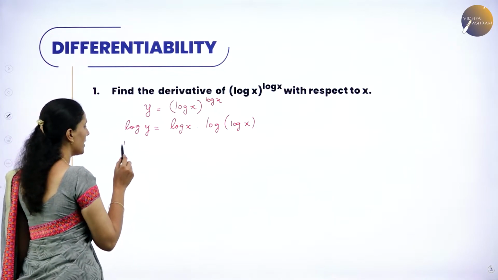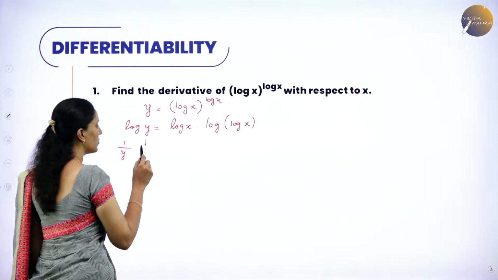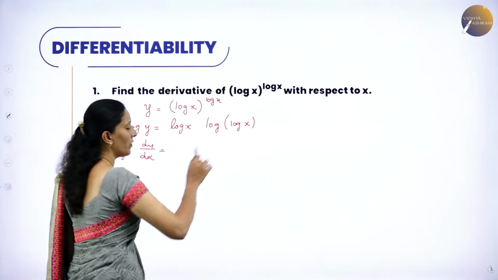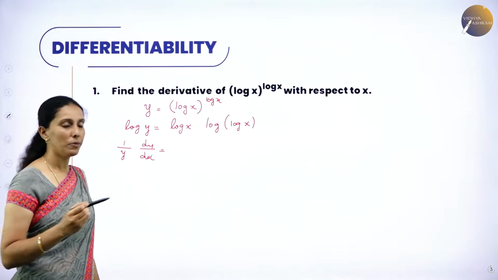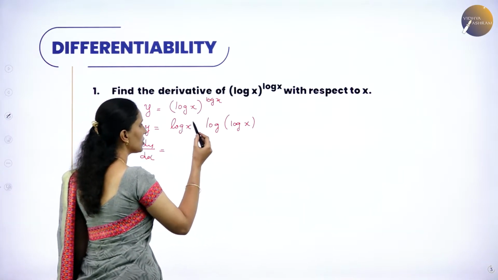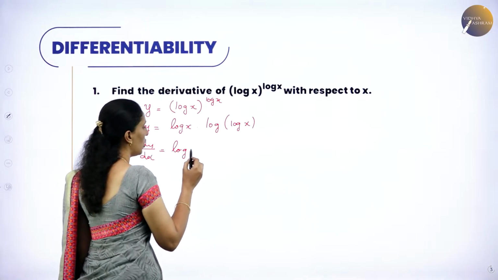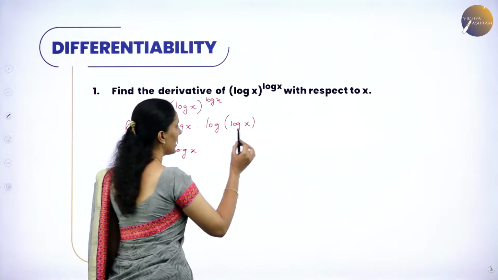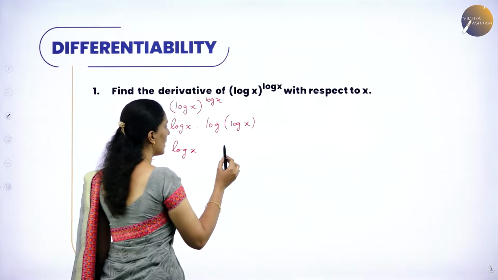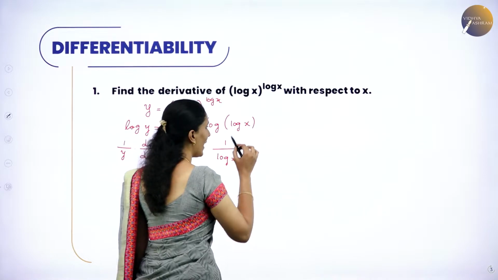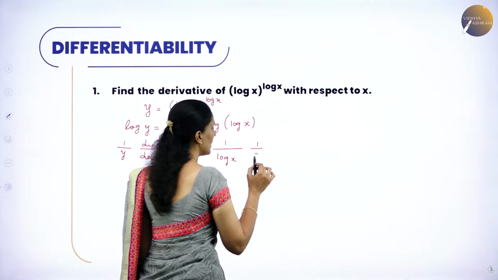Log y can be written as 1 by y into dy by dx. And here we have two functions, so let us apply the product rule. The first function into derivative of the second, that is log x into derivative of log x, which is 1 over log x, into again differentiating log x, which is 1 by x.